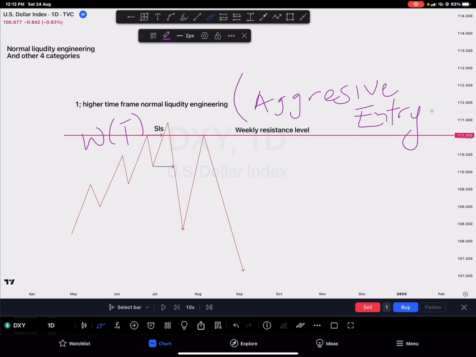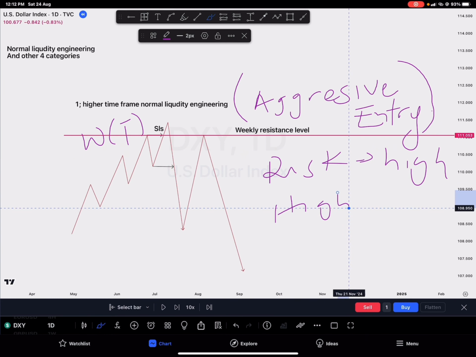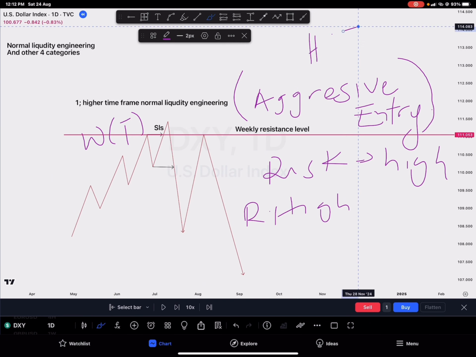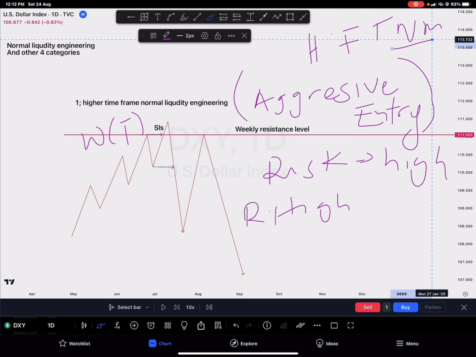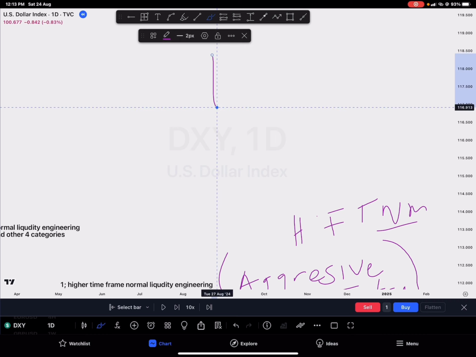It is referred to as an aggressive entry because we enter directly from the weekly time frame. The risk is high, and the reward is also high. Whenever we are using the higher time frame normal liquidity engineering, we are always targeting more pips than the lower one.